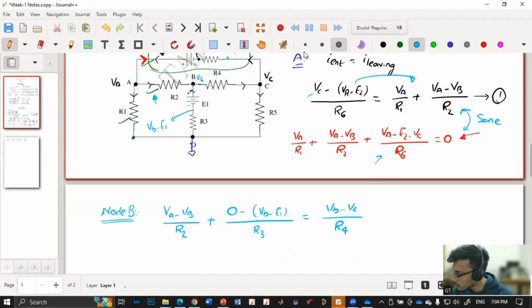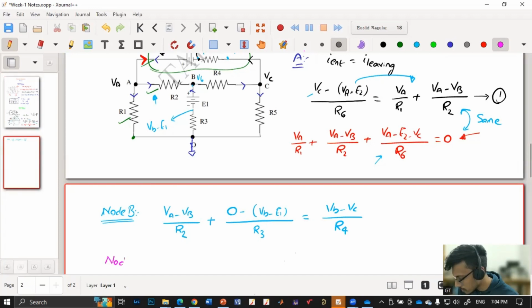Now we'll go into node C. So at node C, one current is entering and two currents are leaving. So what is the value of the current that is entering?